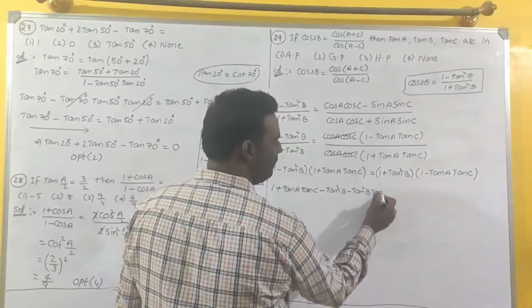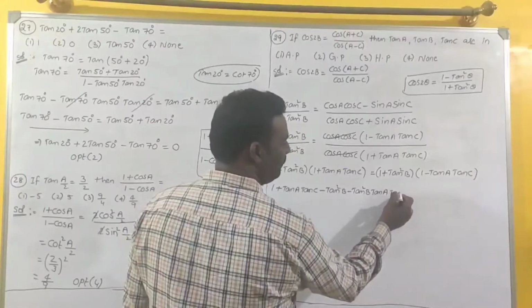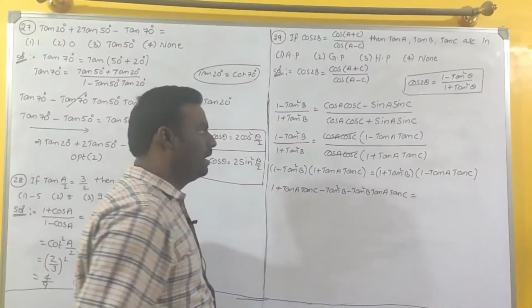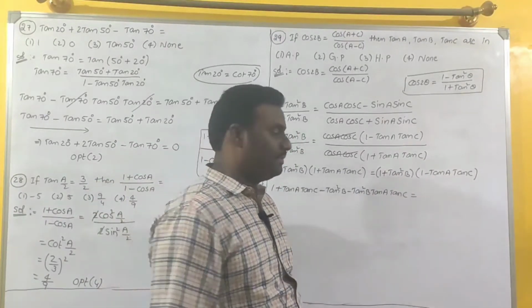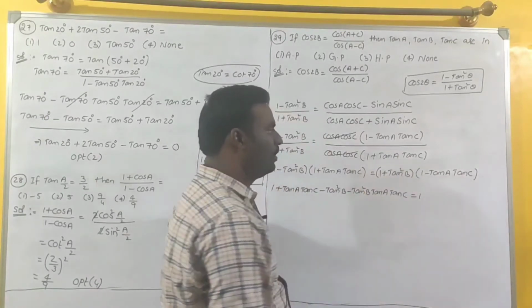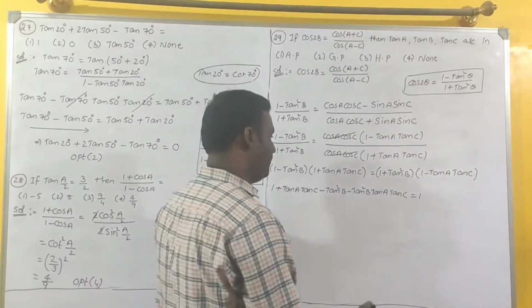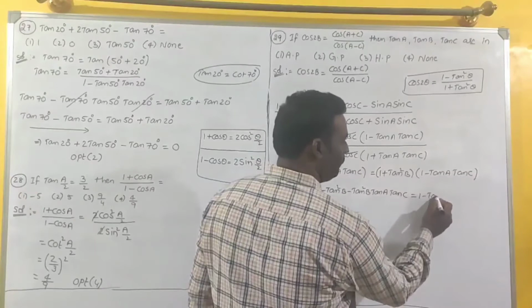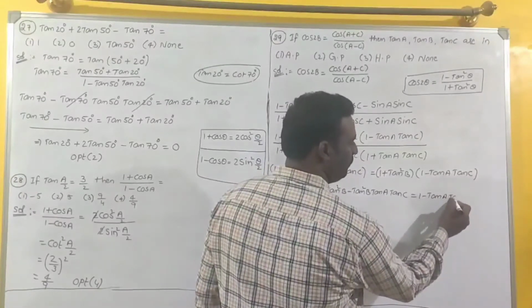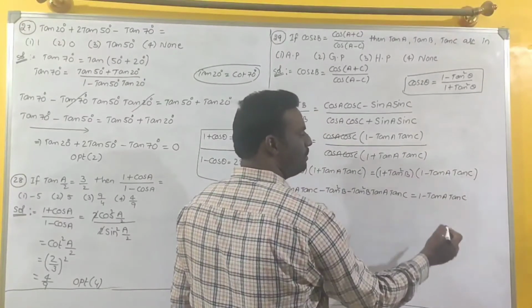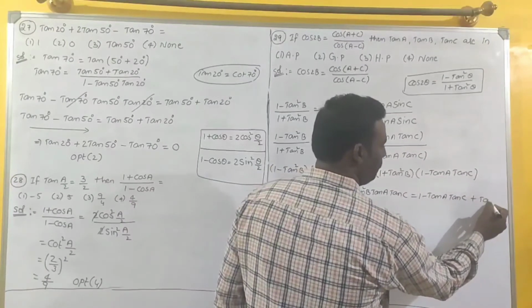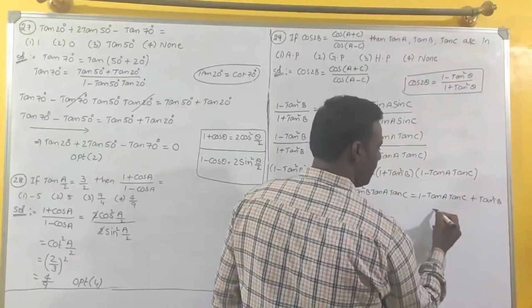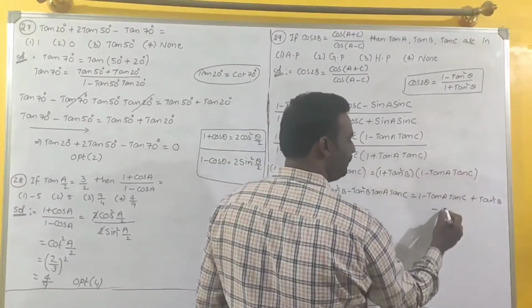This is the simplification of LHS. RHS: 1 into 1, 1 into minus tan A tan C, tan square B into 1, minus tan square B into this.